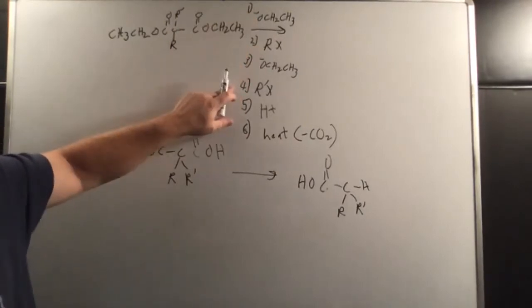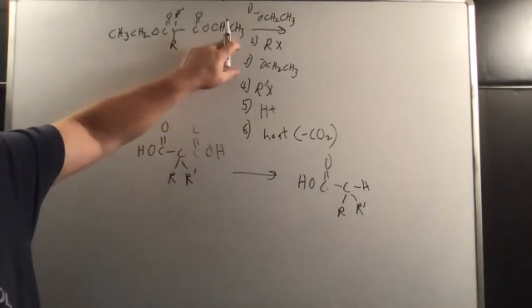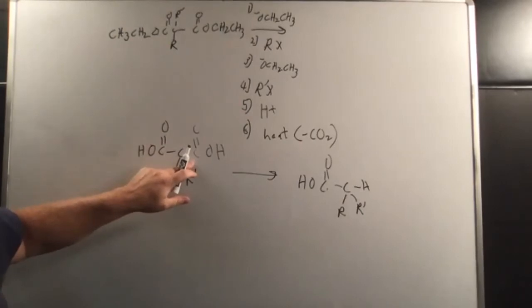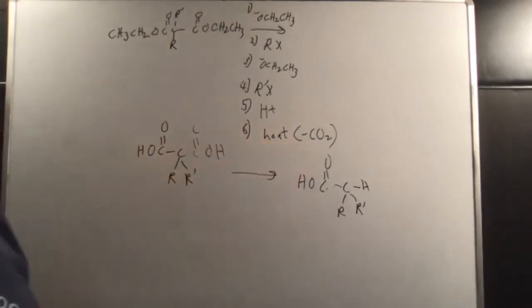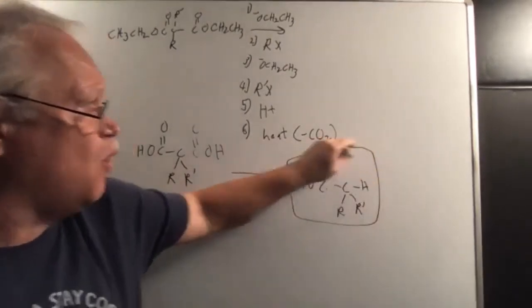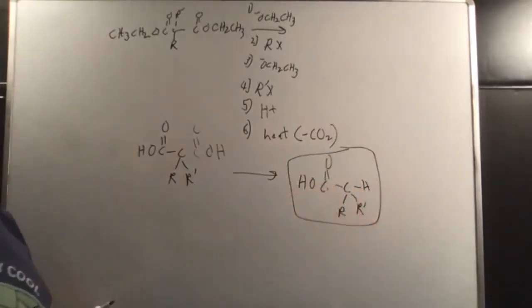Deprotonation, alkylation. Acidification that caused hydrolysis reaction with water to form the carboxylic acid, followed by decarboxylation. We lost a CO2 group. So the product of this reaction will always be a substituted acetic acid.